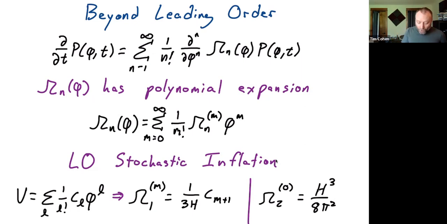And then we can map onto the Starobinsky equation. So the leading order Starobinsky equation is basically setting that the potential sets the omega sub 1 terms. Okay, here I'm allowing myself a general polynomial potential. If it was just phi to the fourth, there'd just be one term here. And this omega sub 2, which is the first non-trivial term with the first non-trivial derivative, is set by the Hubble scale, okay?